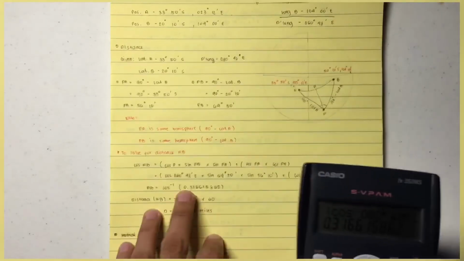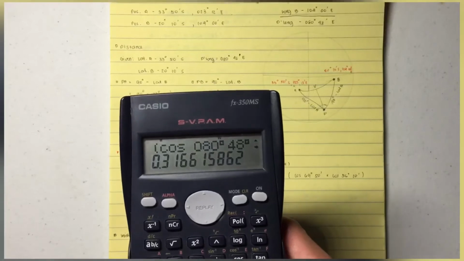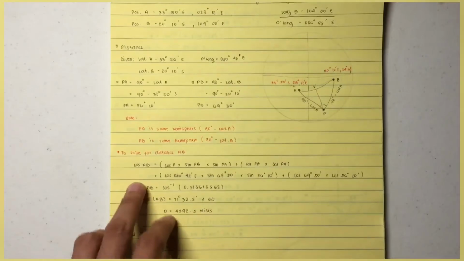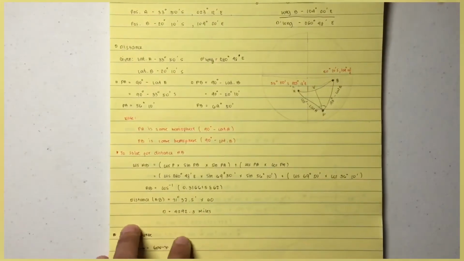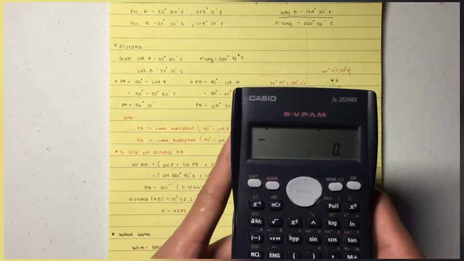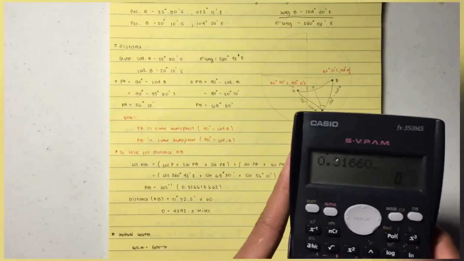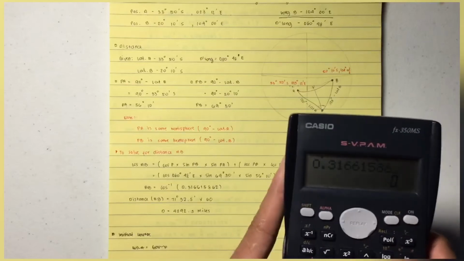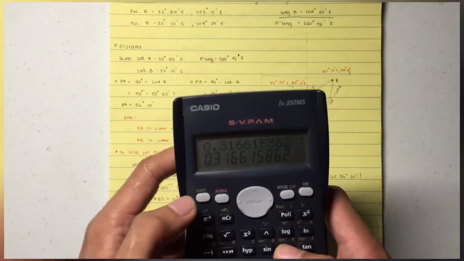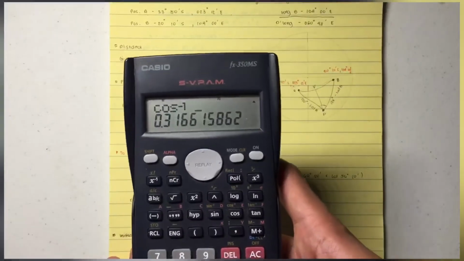We are able to arrive at this answer, which is 0.316615862. So to get the value of AB, we should take the inverse cosine. From this value, we go to shift and cosine to get the inverse cosine in our calculator, and press equal.